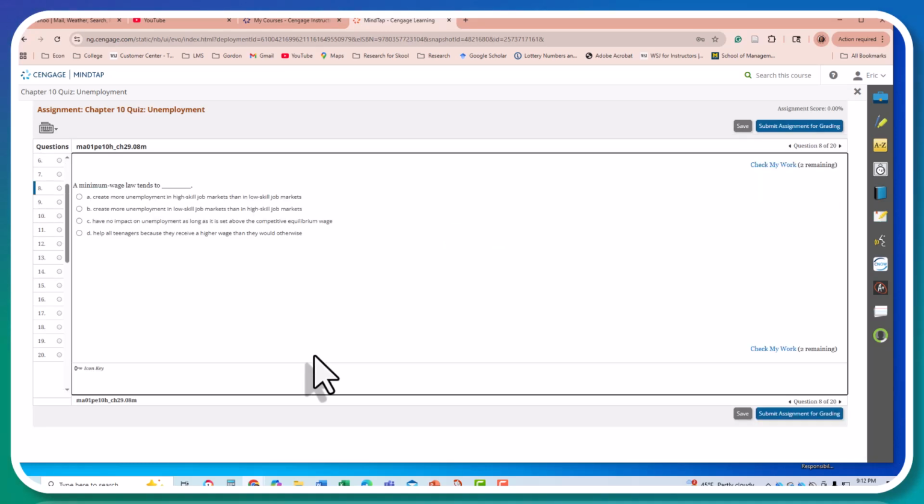The minimum wage law tends to, one of the defaults in economics, is that there are fewer people working because equilibrium has not been reached. It is actually above equilibrium. So the one that talks about that, although that does read, has no impact on it long term, as it is set above competitive equilibrium.